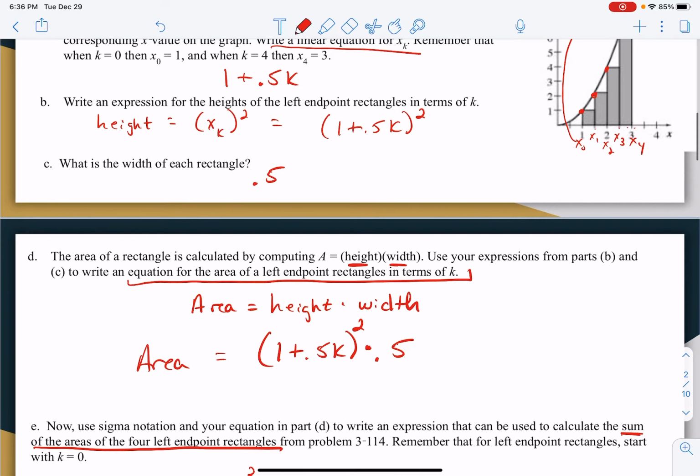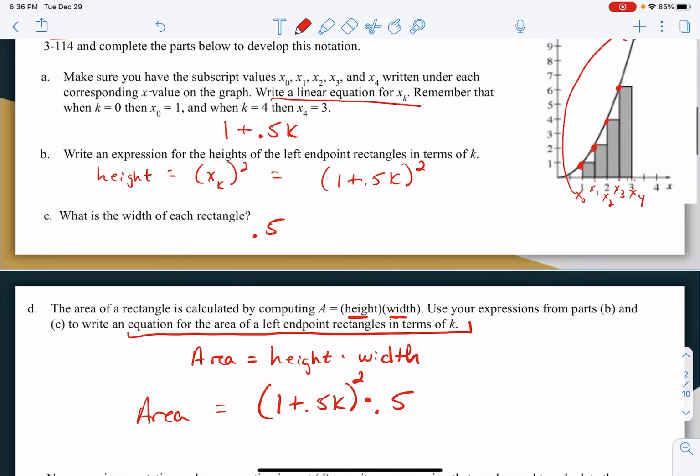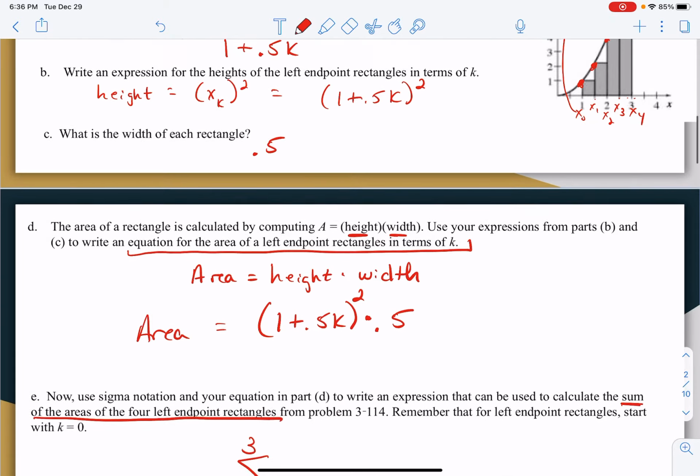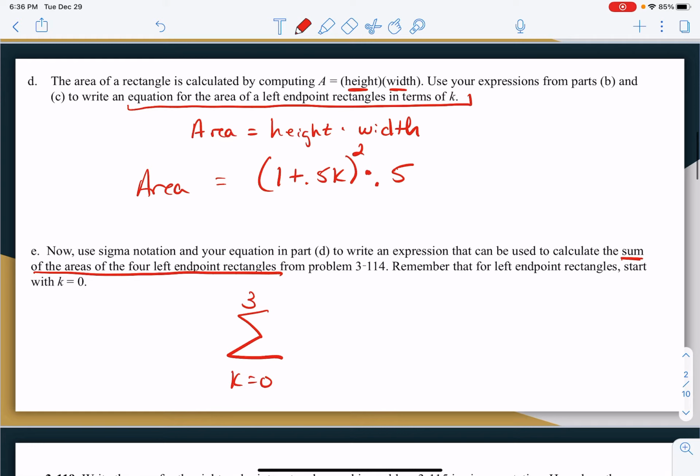Because remember, when I labeled my left endpoints, I started with x sub 0, x sub 1, x sub 2, x sub 3. So I'm calculating that interval 0 to 3. And my area is the height of each rectangle times the width of each rectangle.